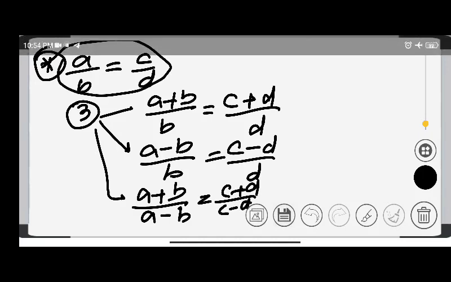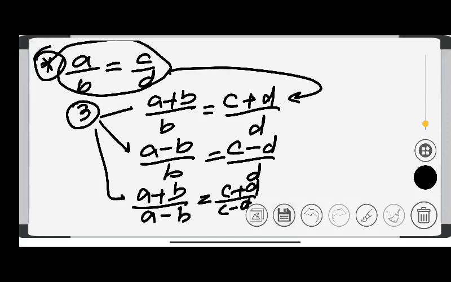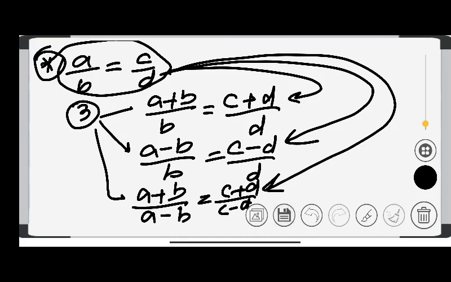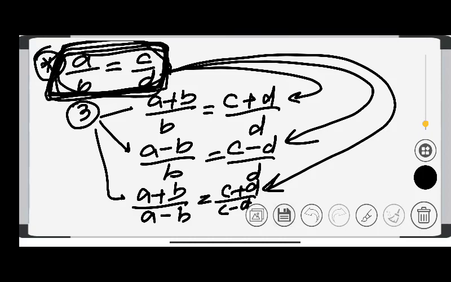I will be able to write like this, but the condition is that the sum must be given in this form. For any question given like this, you would be able to solve it like this.